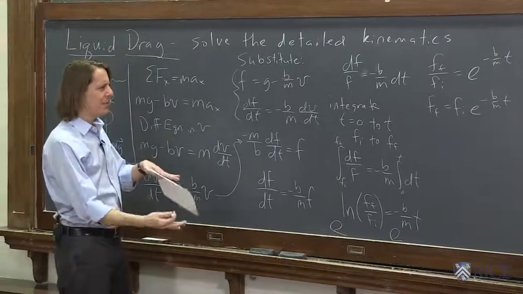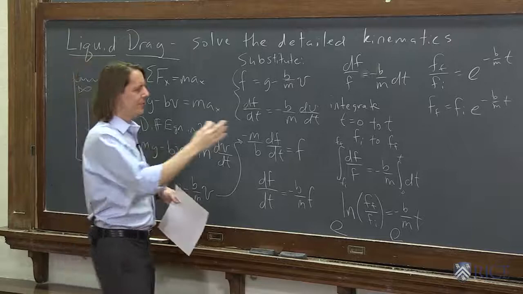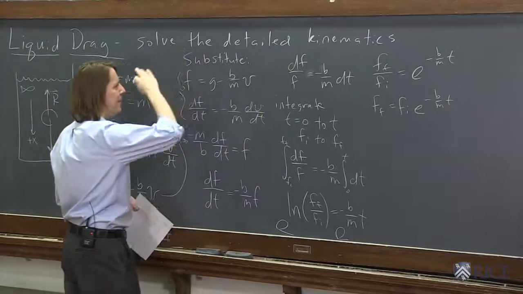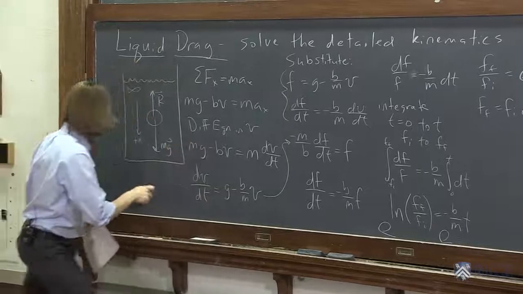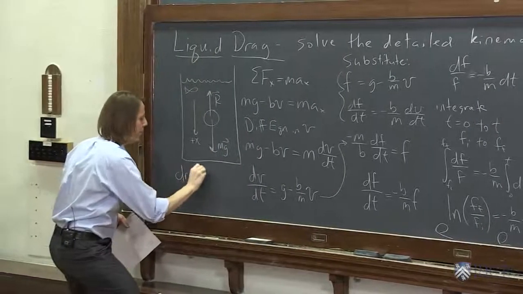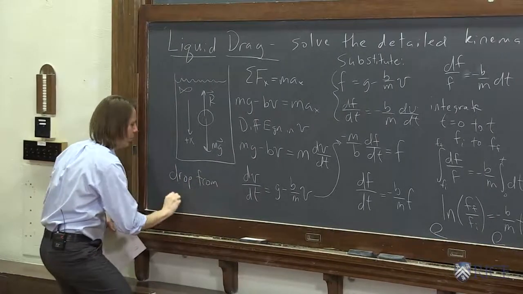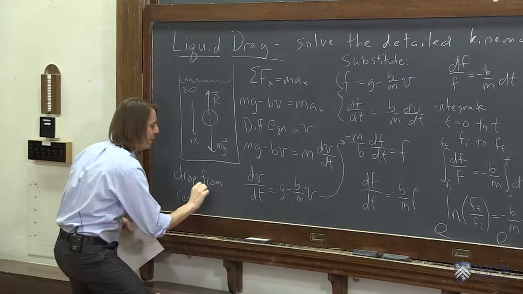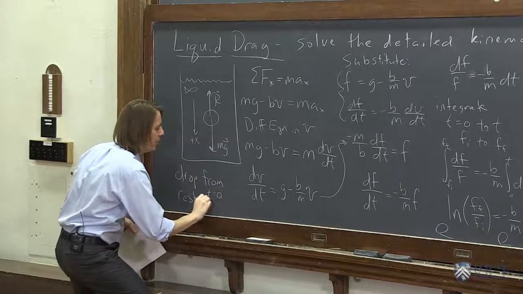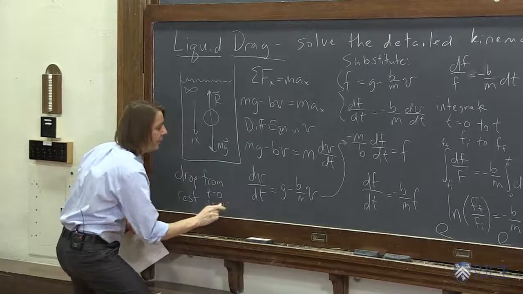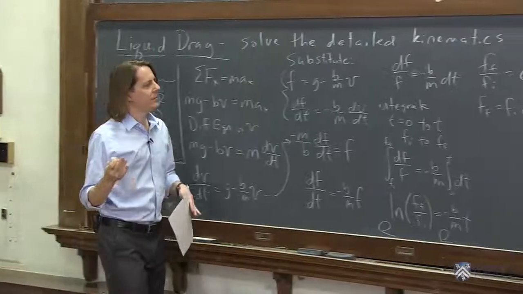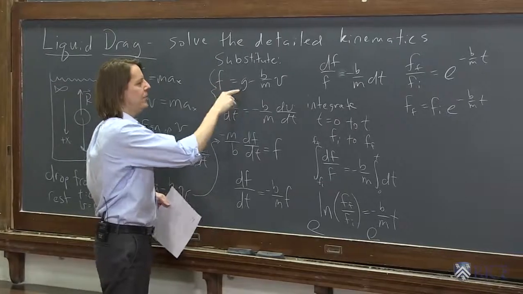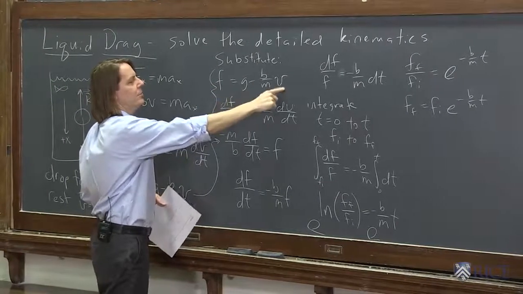These are the initial and final values of this function that we defined here. So let's think, if we drop this from rest, so at t equals 0, v equals 0. We're going to drop it from rest. So at the initial time, f initial is gravity, which is a constant, minus something that is 0.